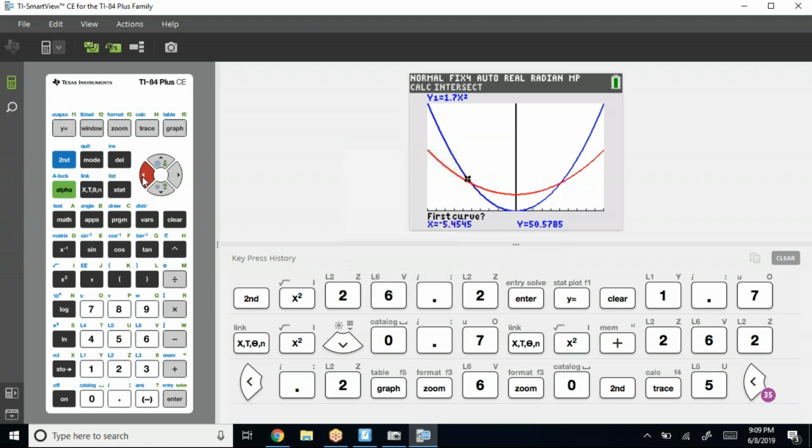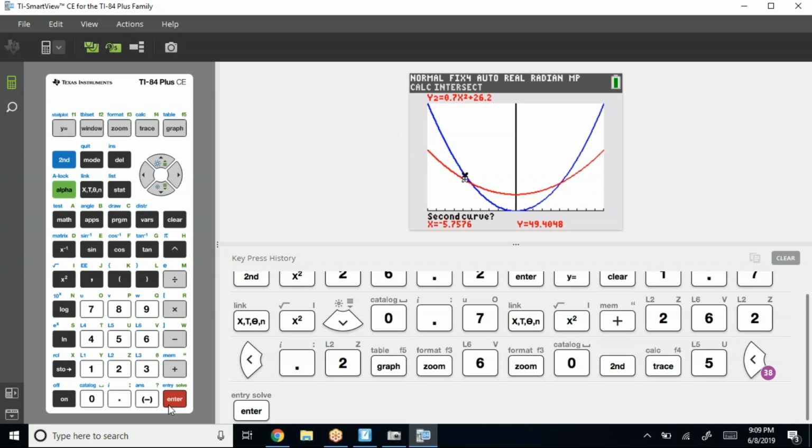Most of the time, I put it so that it's running into the intersection. You just have to get it near the intersection, okay? So I've got it there, enter, and you can see how it switched now to Y2 up at the top. You see that it switched to Y2's line.